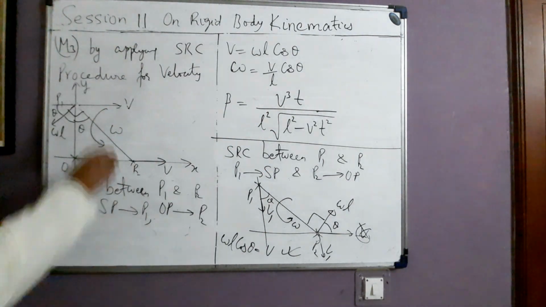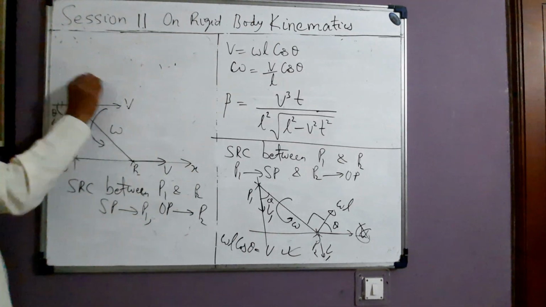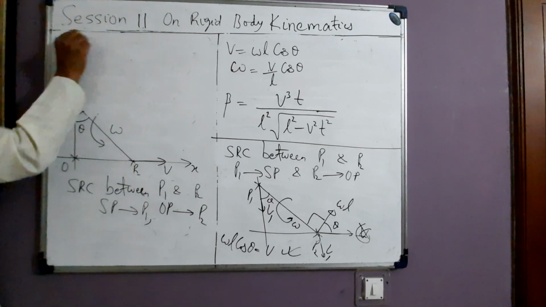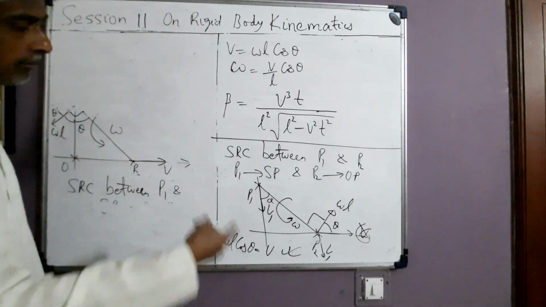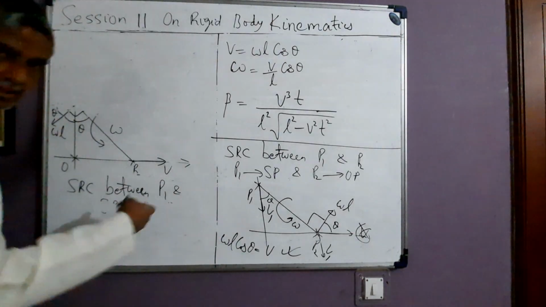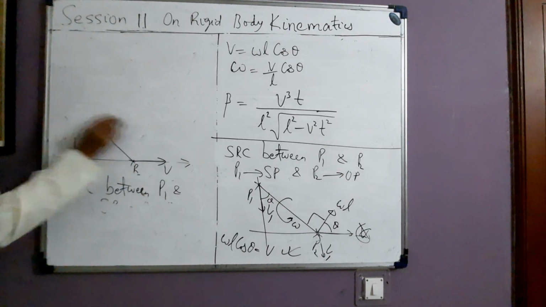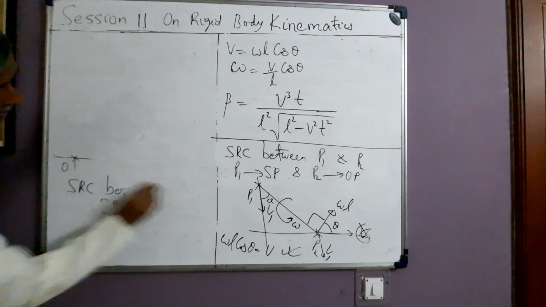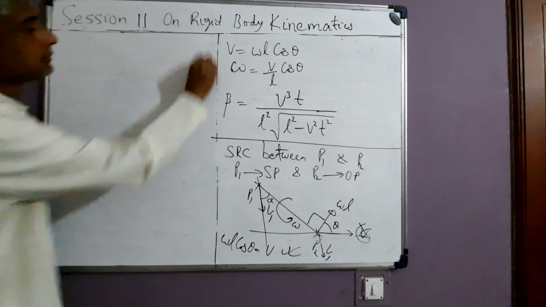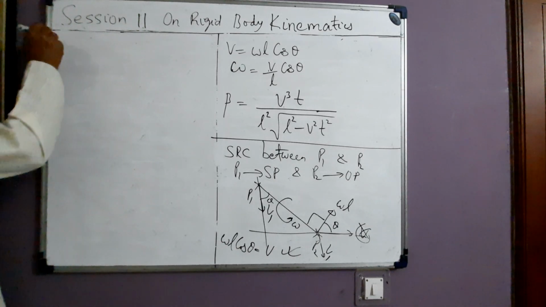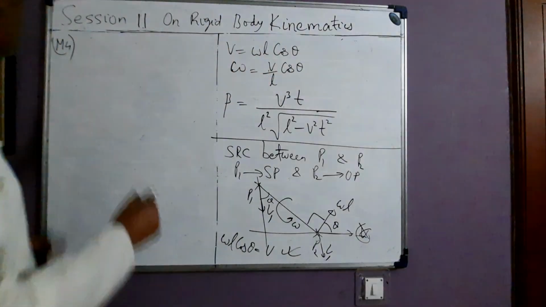Now there is method 4 also, using the concept of instantaneous center of rotation, but that theory has not been discussed here. So that will be discussed in the coming videos. So I just mention it here. Method 4, by using the concept of instantaneous center of rotation, IC.